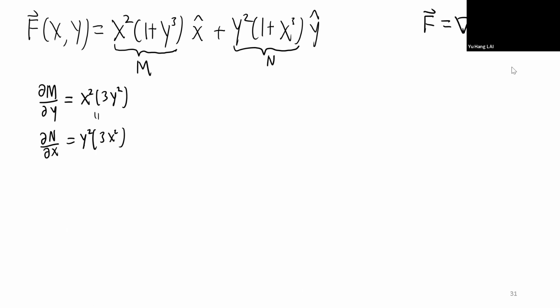Because I know this field is the gradient of this potential function, the x component, M, must be partial v, partial x.